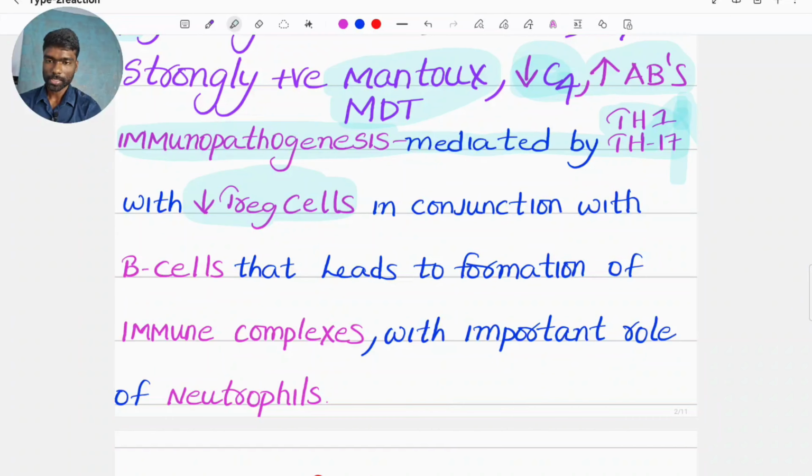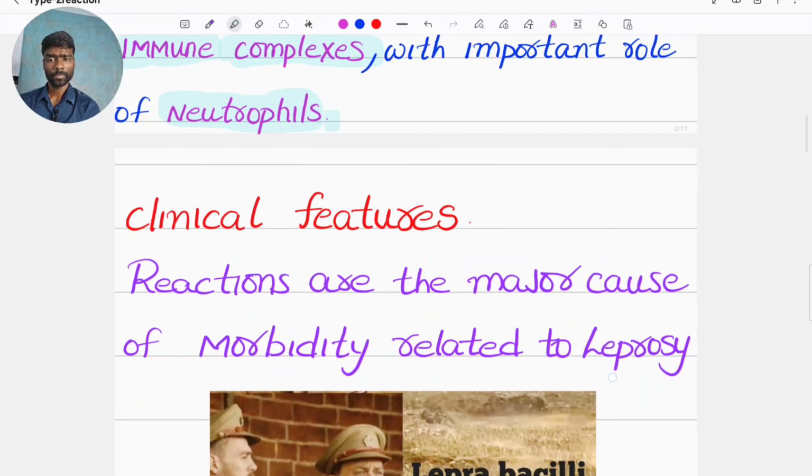Because of this reduction, there is unregulated T cell mediated immunity, in addition to B cells, which produce antibodies against lepra bacilli antigens, leading to formation of immune complexes. This is a type 3 hypersensitivity reaction with an important role of neutrophils. Neutrophils are the hallmark feature in histopathology of type 2 reaction.